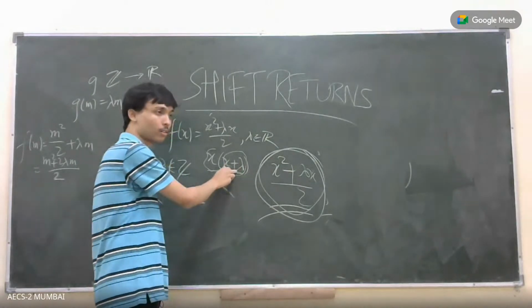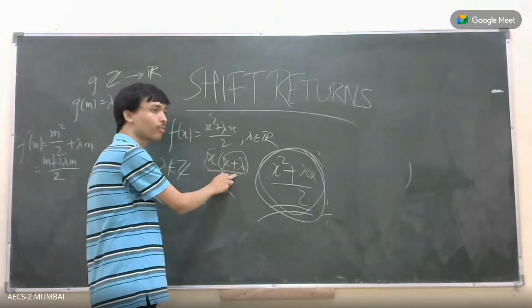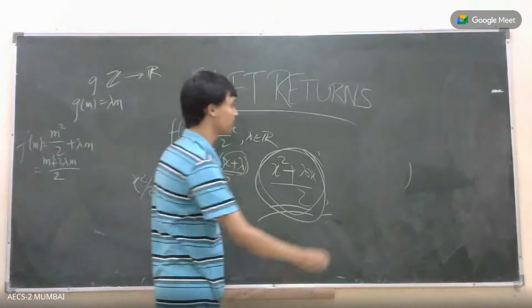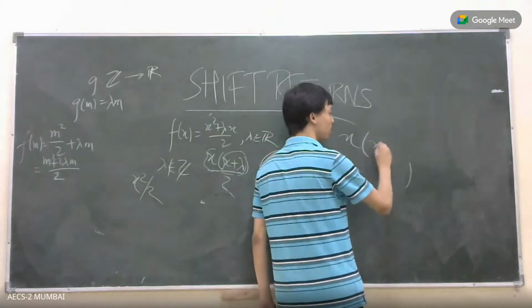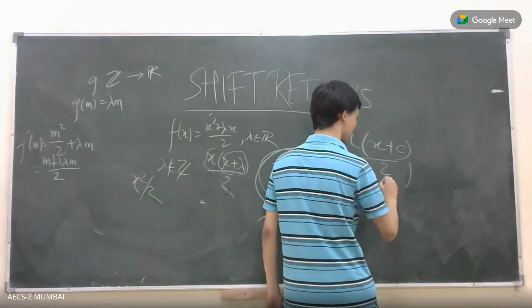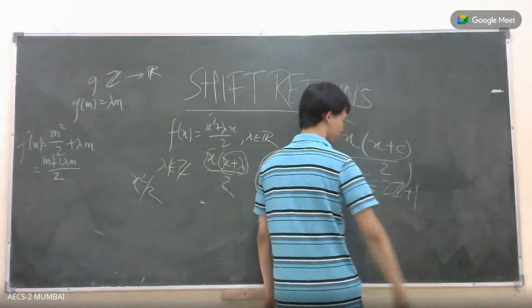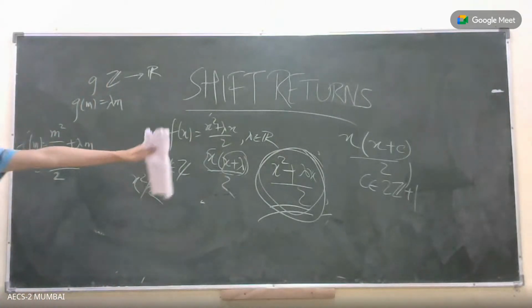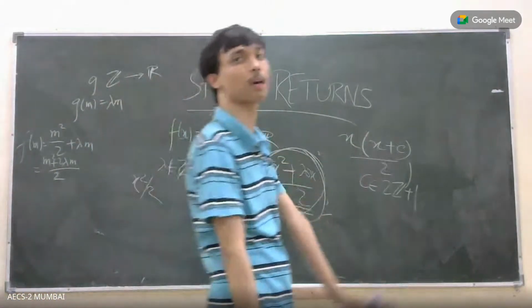Then this has to be even. This can only be even if lambda is odd. So the only solutions to this functional equation are x into x plus c by 2, where c is an odd integer. This is the final solution. This is what will get you 2 marks.